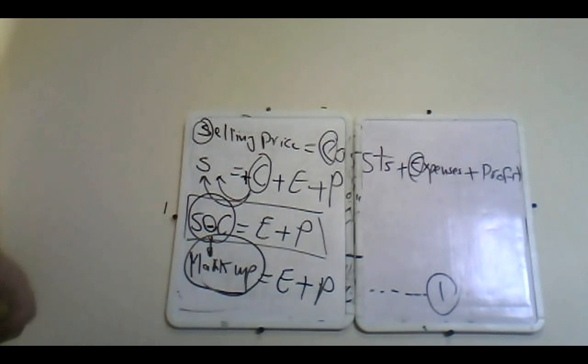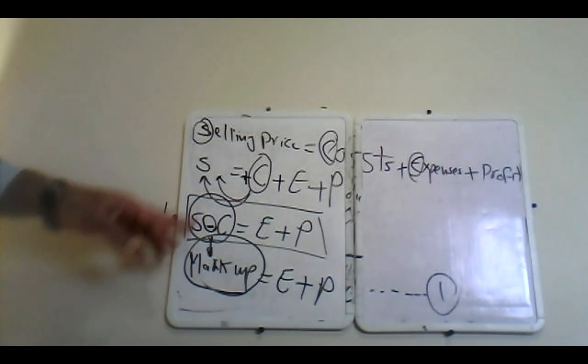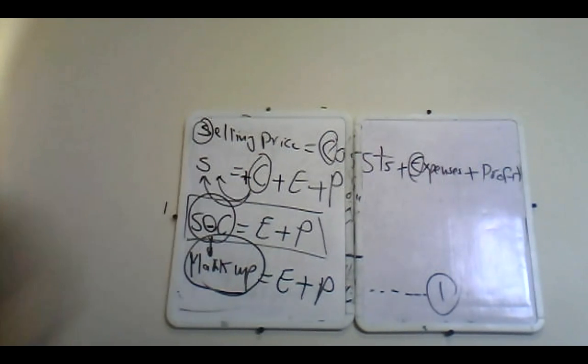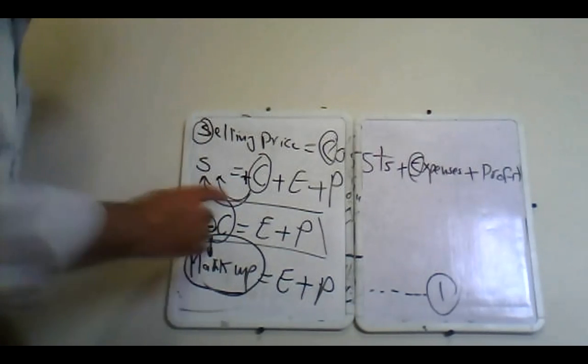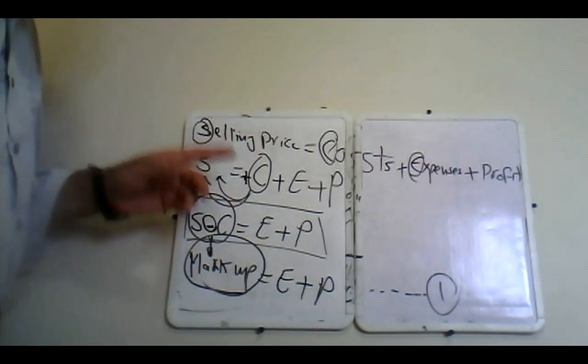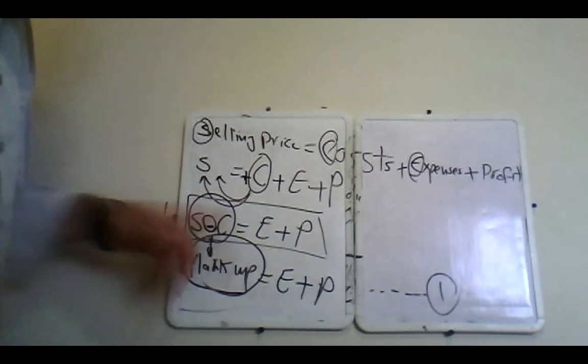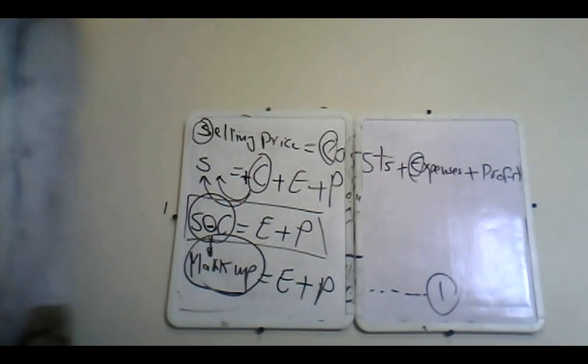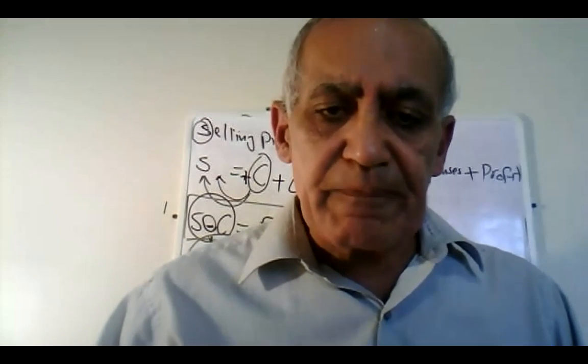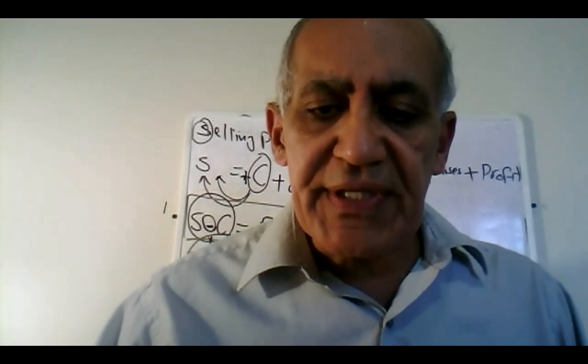You mean that if I move the cost to the other side, then the expenses and the profits are the markup, right?